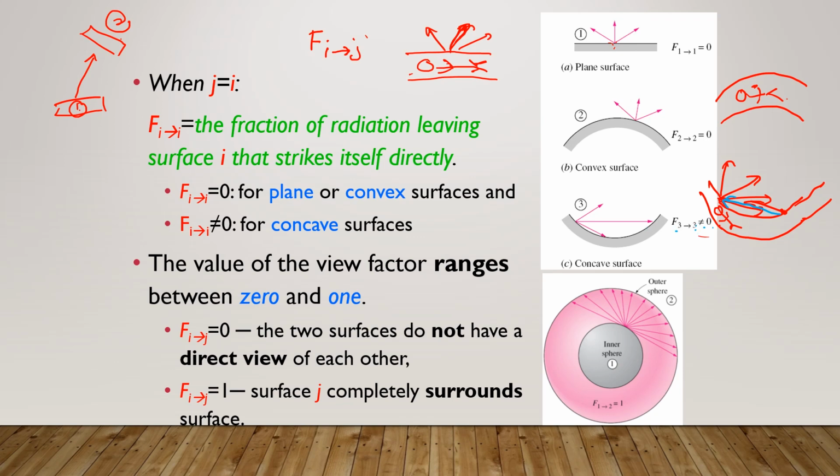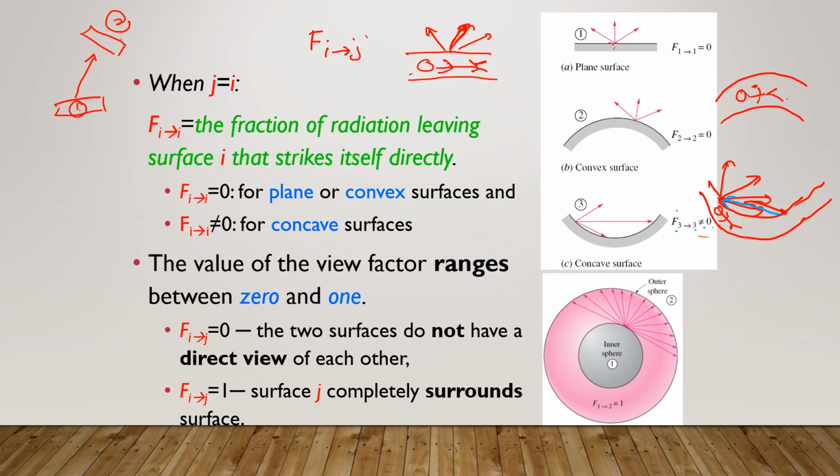Yes, but the value is not necessarily equal to 1. The values of F are from 0 to 1, maybe 0.5. Maybe you radiate 1, for example, and it strikes back to you about 0.5. And that value 0.5 must be determined by using the rules.